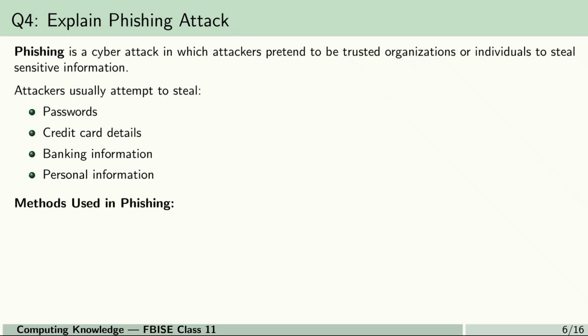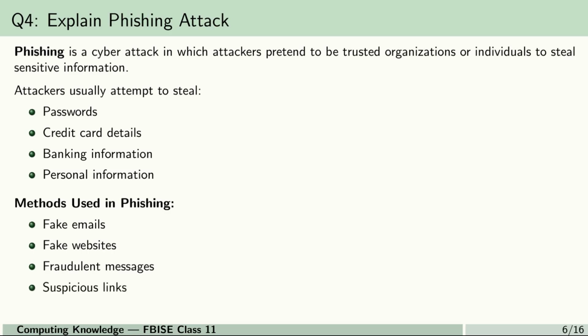Methods used in phishing are fake emails, fake websites, fraudulent messages, suspicious links. Exam tip is to use keywords like pretending to be trusted entities.